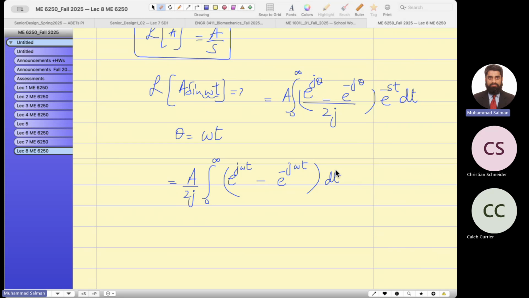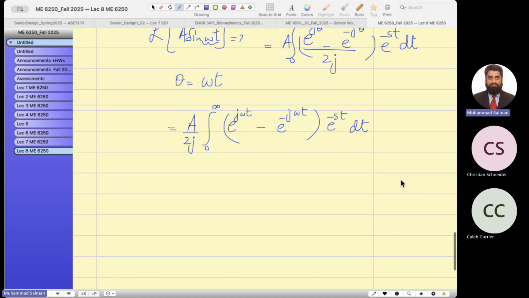I'm sorry, I forgot to write down the negative. Now what I'm going to do here is show you that if I multiply this inside, I can write it like this, j omega minus s, or like this, s minus j omega.